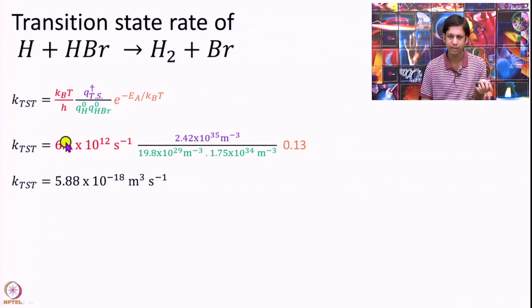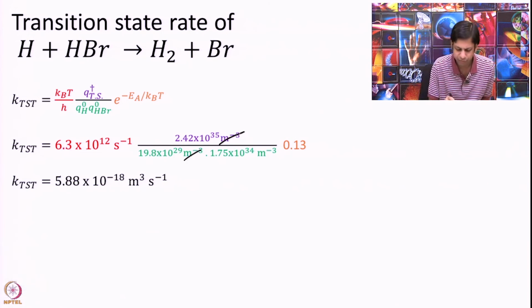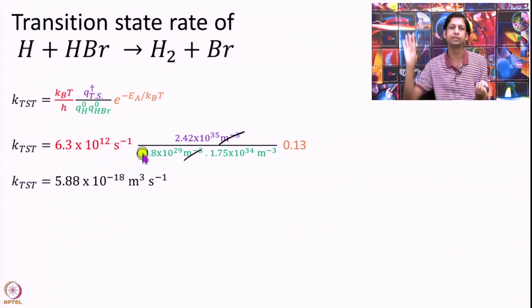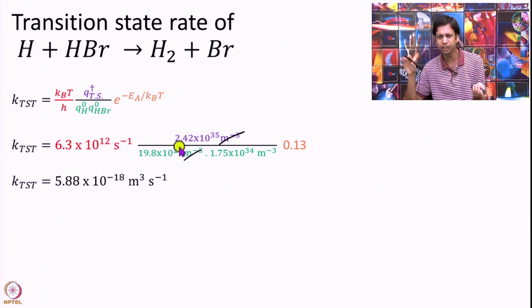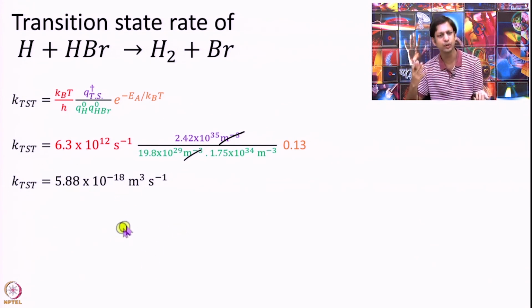I multiply them all together. Notice that one of the meter cube cancels. So, I am left with meter cube second inverse and simply punching into a calculator. I get a rate in the order of roughly 10 to the power of minus 18 meter cube second inverse. Again, keep a sense of that, that is how rates will look like in this unit.